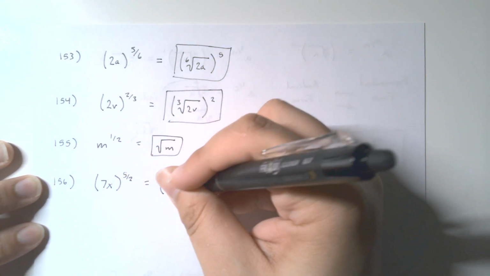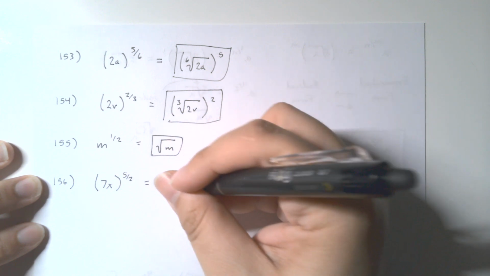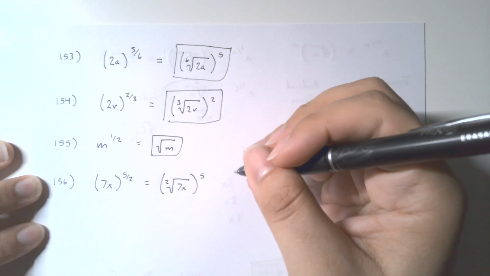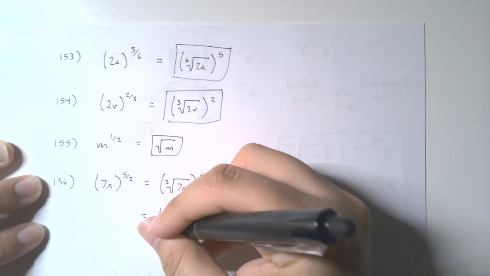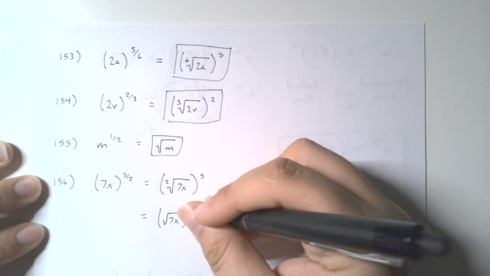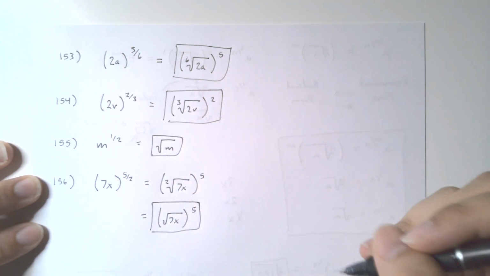So we can write this as root 7x, and the bottom number here is your index, 2, top number is 5. So that is your exponent. And we don't need to write this 2 here, so we can write this as the square root of 7x, to the power of 5. And this is your final answer.